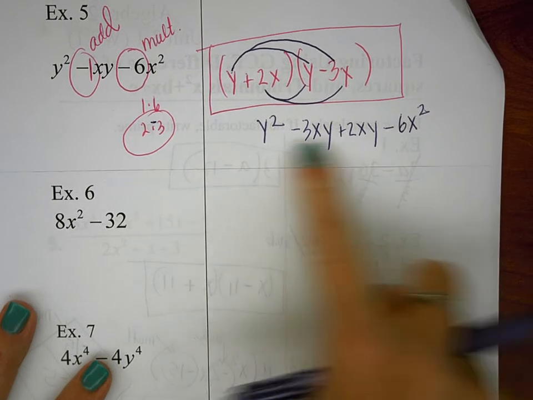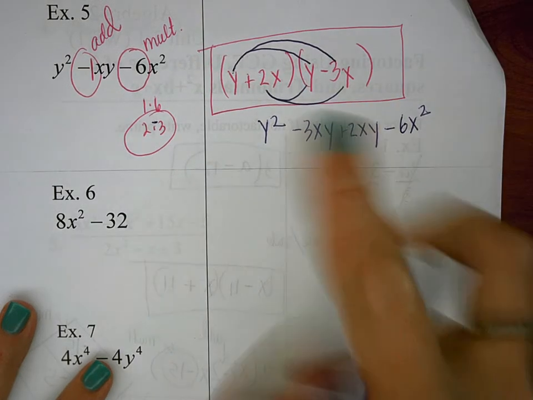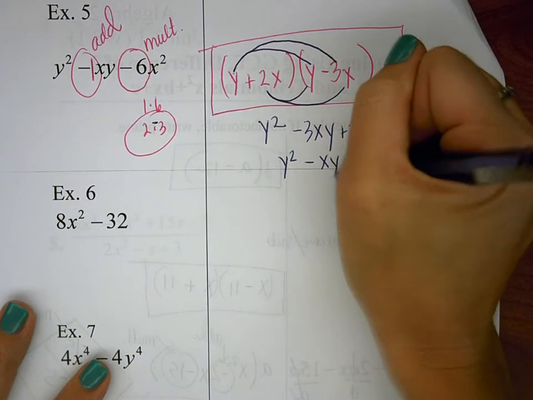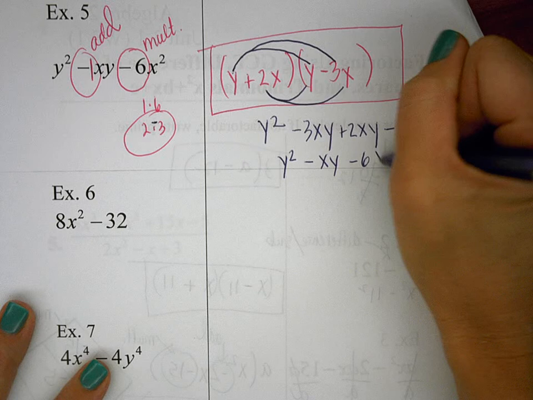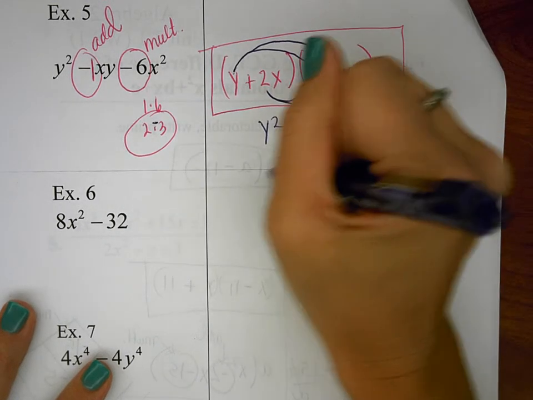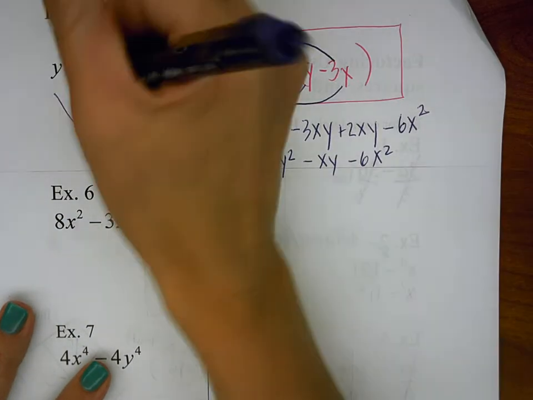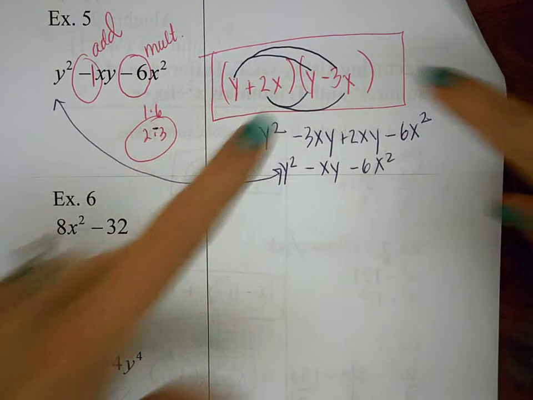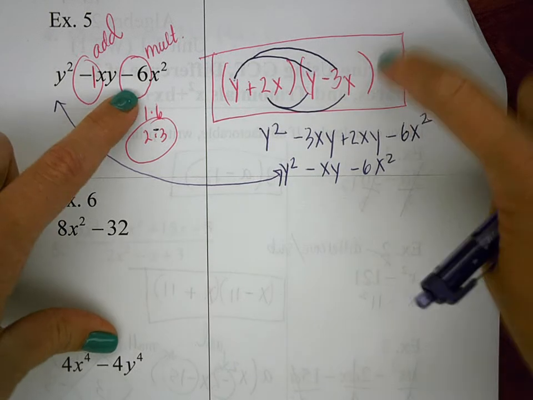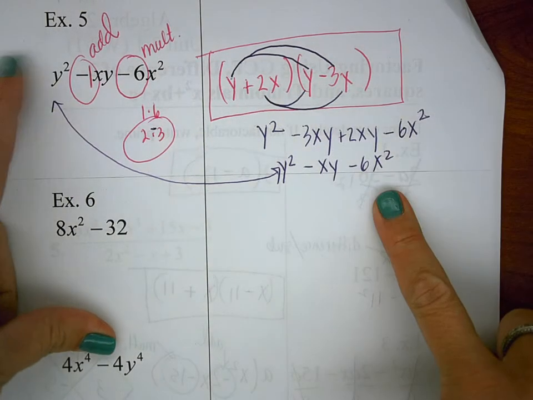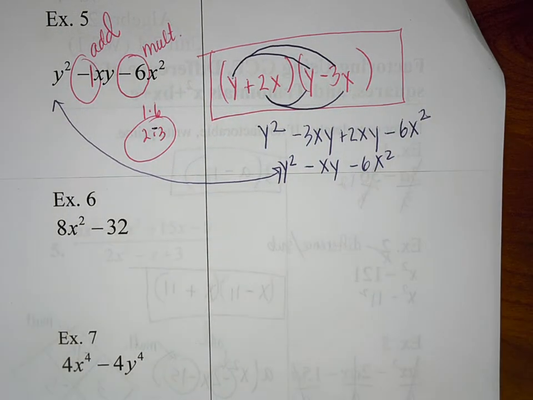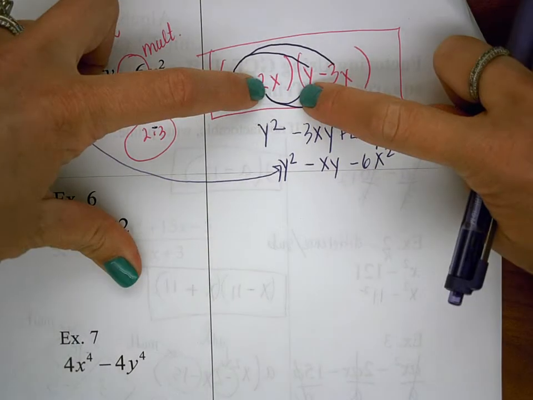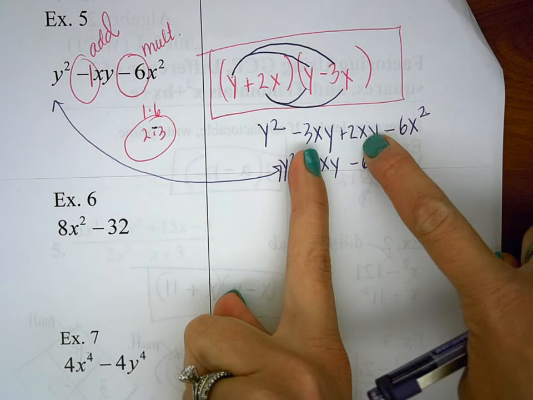These both have xy, so we combine our like terms, and we get y squared minus xy minus 6x squared. Notice how these match. This factored to be this, and if you multiply it back out, it goes back to your original problem. So the xy comes from multiplying your outsides and your insides together, which gives you an xy term.